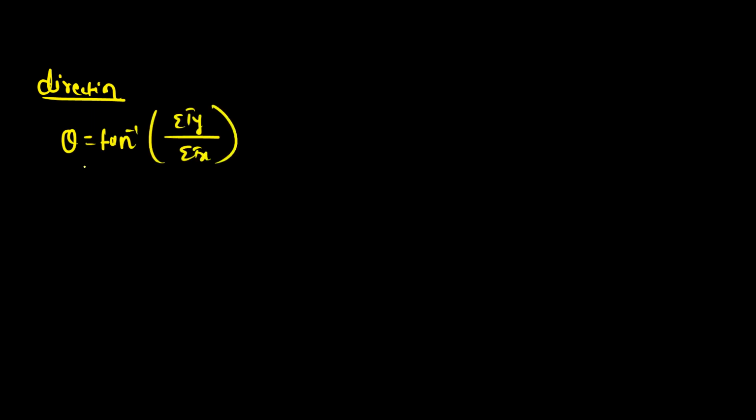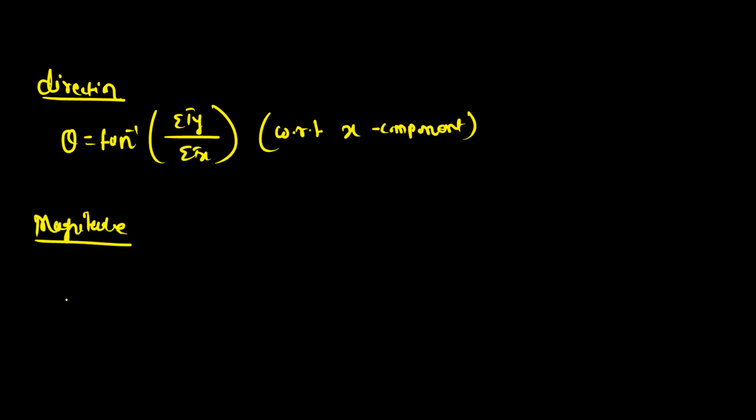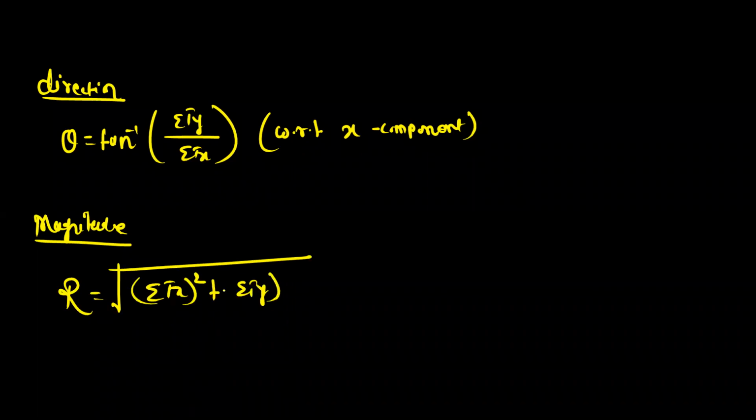Okay, and this direction is with respect to the x component, that is, the x component of the resultant, and its magnitude R is equal to square root of summation Fx squared plus summation Fy squared.